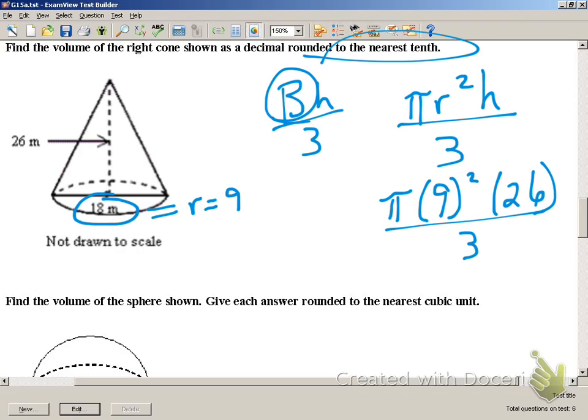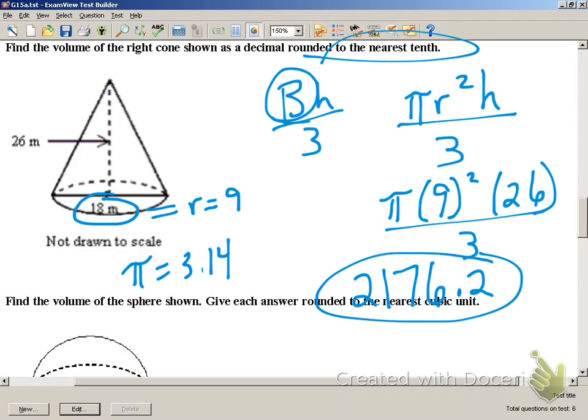And we're rounding to the nearest tenth, so pi needs to equal 3.14. Plugging that in a calculator, just chunk it all in. 9 squared times pi times 26 divided by 3. Rounded to the nearest tenth is 2176.2. That's what I get as my solution. There we go. And this is cubic meters. Cubic meters. We're still dealing with volume.